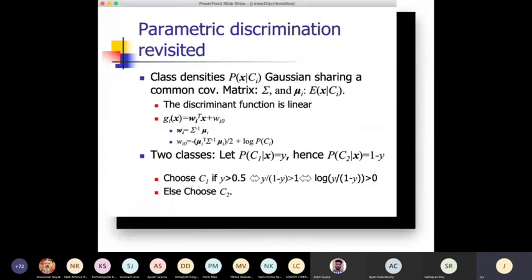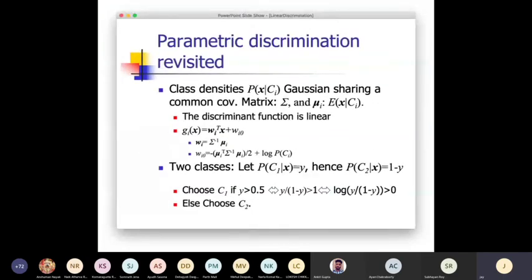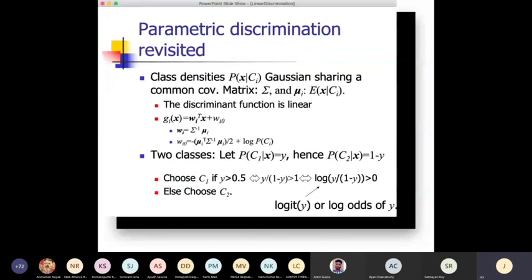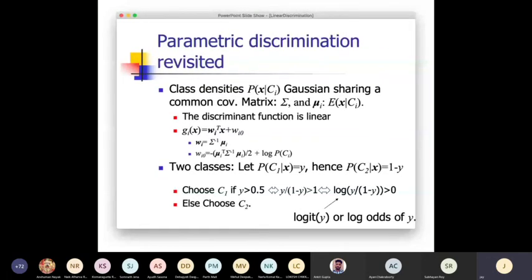Then if I apply the logarithm to the last inequality, you can see that log of y by 1 minus y should be positive. Now this function, log of y by 1 minus y, is a very interesting function. We call it the logit function. You might have heard this term, and you will be hearing it very often if you are working with machine learning subjects.